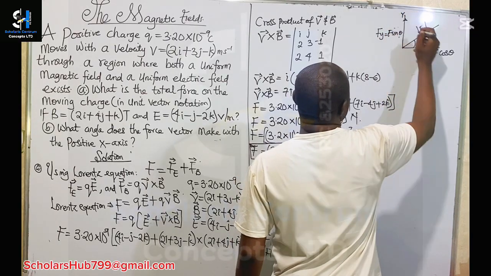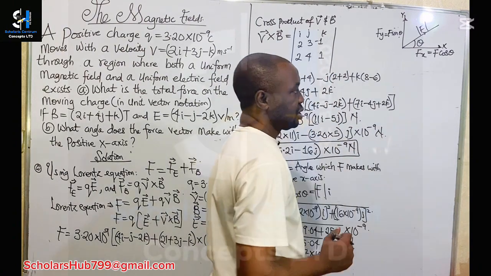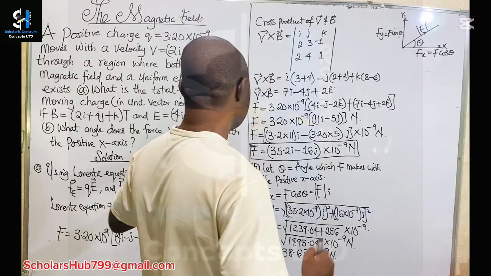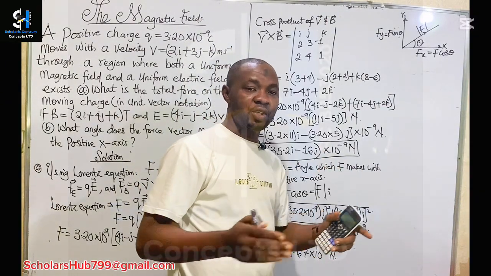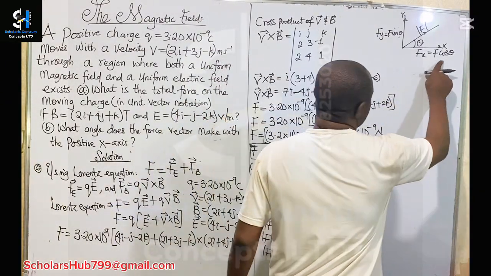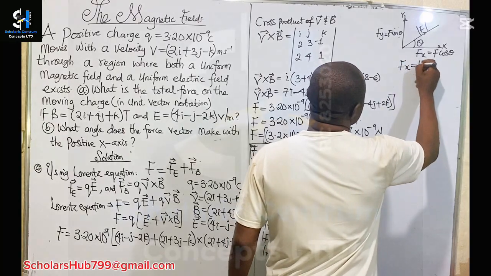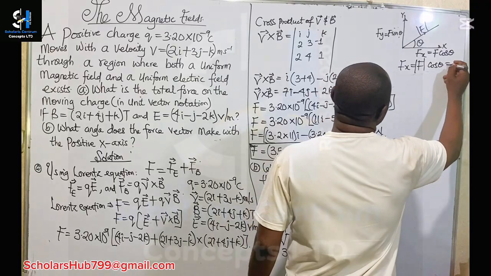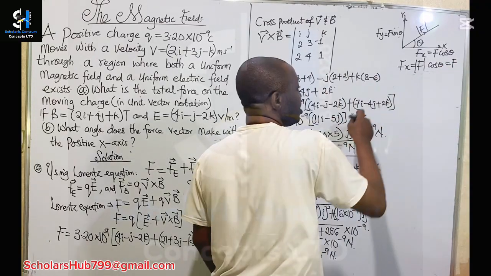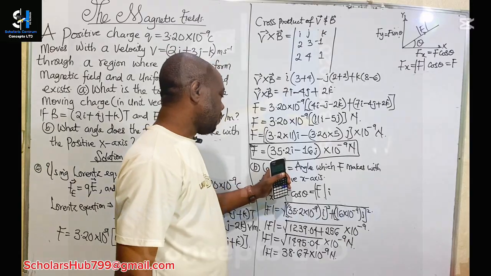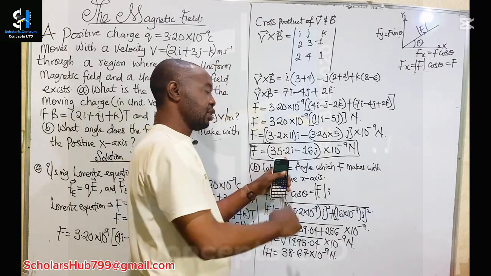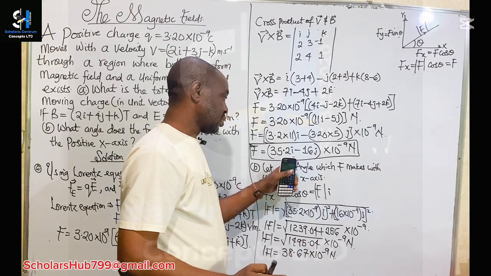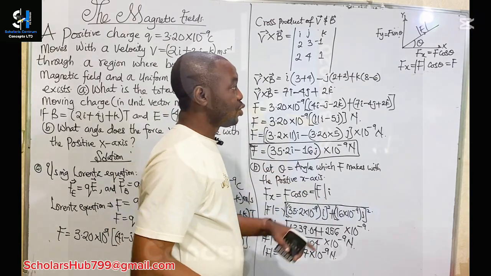So this is the y-axis, and this is the x-axis. Because the question asks what angle the force vector makes with the positive x-axis, we have f of x, which is equal to f cos theta, and that will be equal to this f of x, since it is along the x-axis, the force along the x-axis that we calculated here. i is the unit vector along the positive x-axis, so we multiply this value by 10 raised to the power of minus 9.